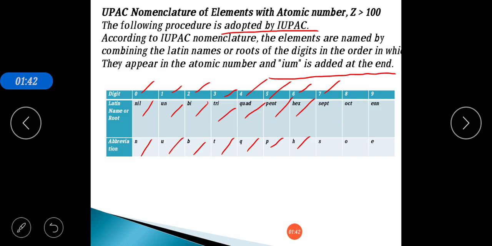For digit 7, the root is sept, abbreviation is S. For digit 8, the root is oct, abbreviation is O. For digit 9, enn is the root, E is the abbreviation.